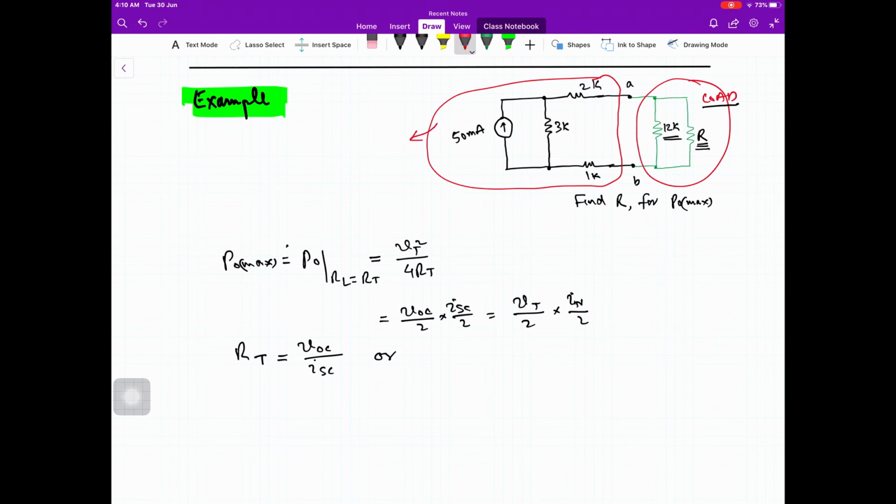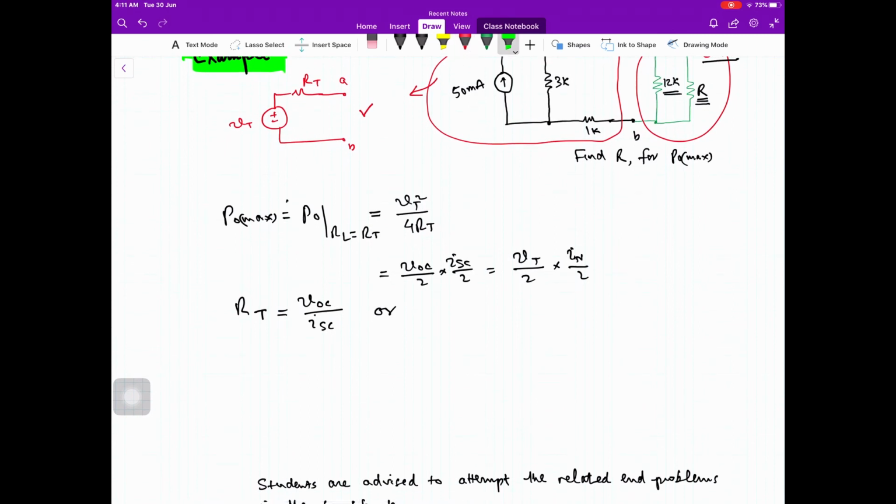So the Thevenin equivalent of the source will be, we can use Norton equivalent of the source circuit. Results will be same. So this is a pair of terminals A and B. I hope that you should be able to find the Thevenin equivalent of the source circuit. And then we already know what is the maximum output power when RL is equal to RT, or we can use VT square divided by 4 RT, or we can use this expression.